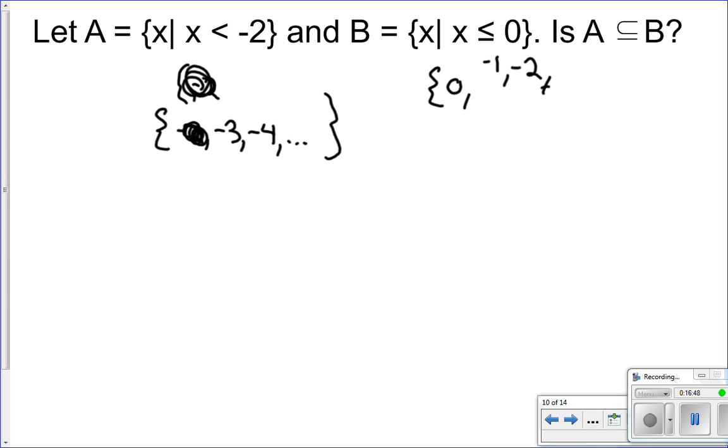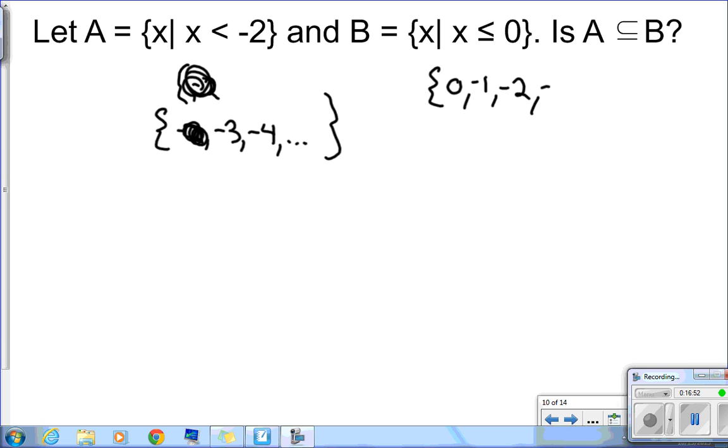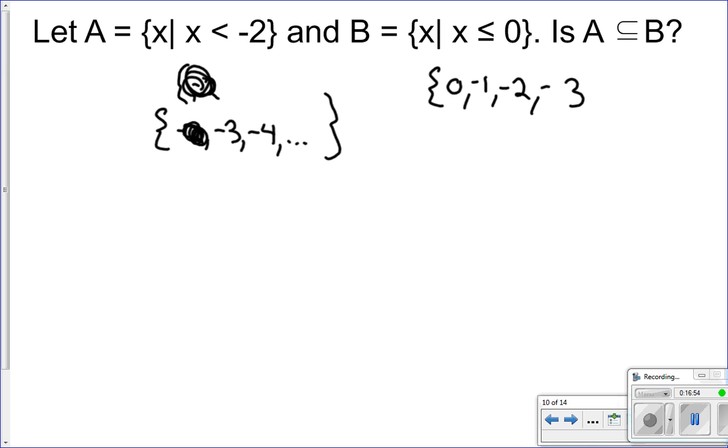All right, let's do it again. Negative 3, etc. So all the elements of A are going to be contained in B, so the answer is yes.